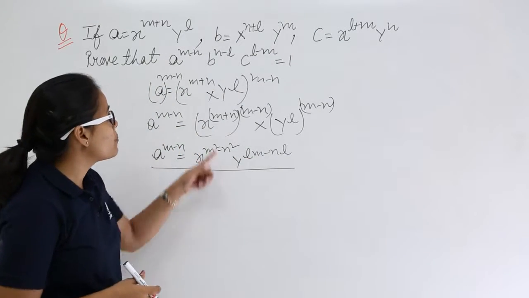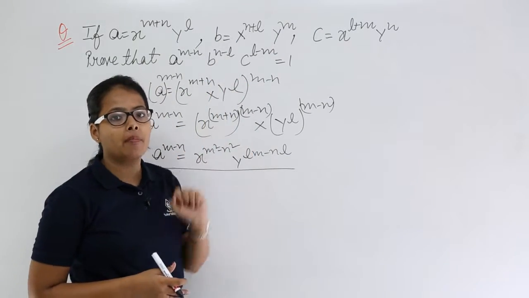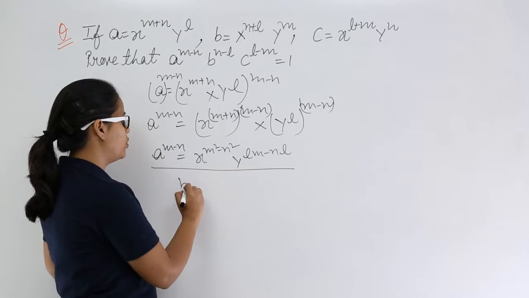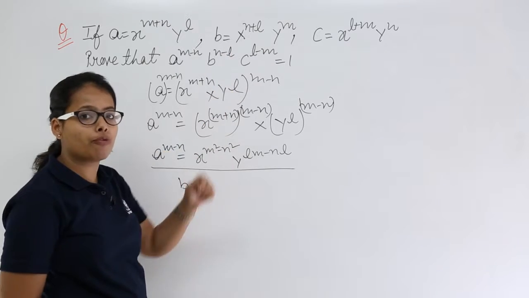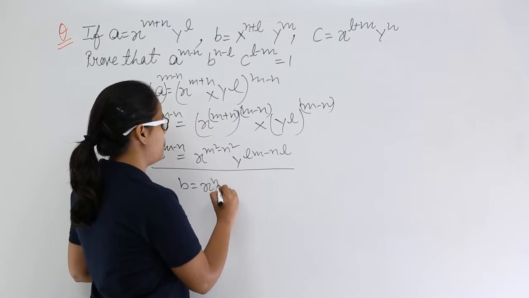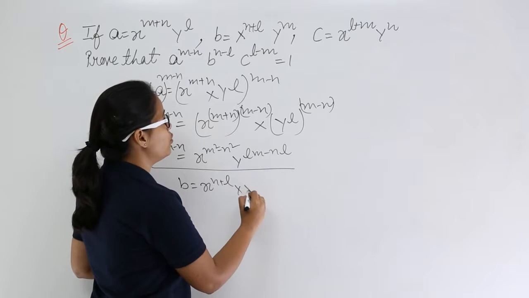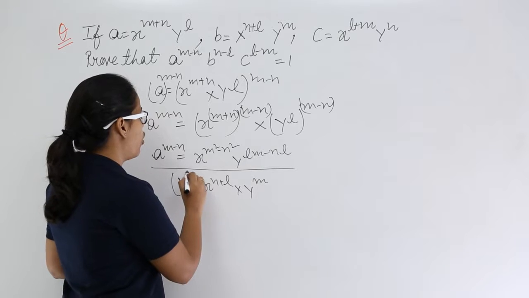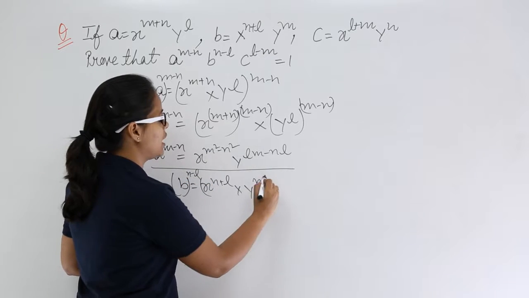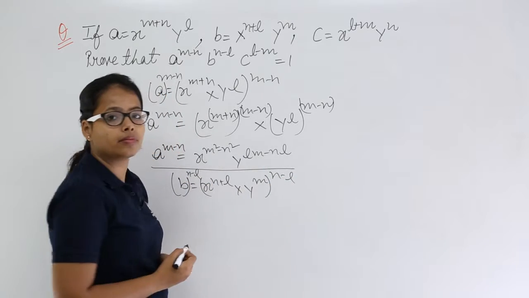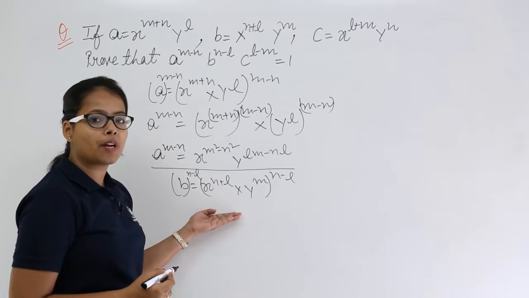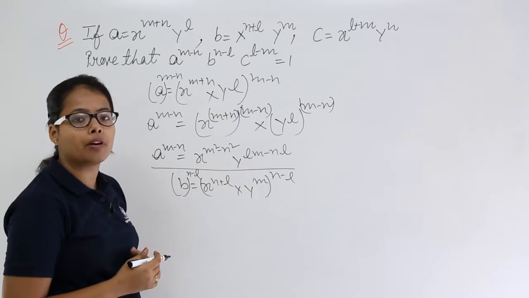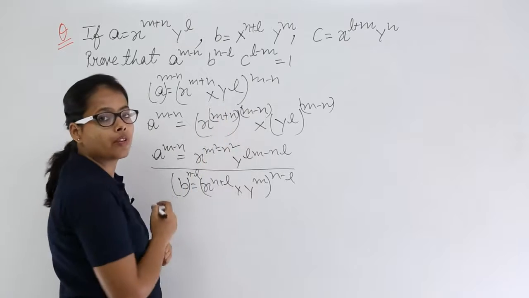Now solve for the expression b to the power n minus l. Let's write down the expression for b, which is x to the power n plus l into y to the power m. You'll take the power of n minus l on both sides. Now let's solve this expression as we have solved the above one.